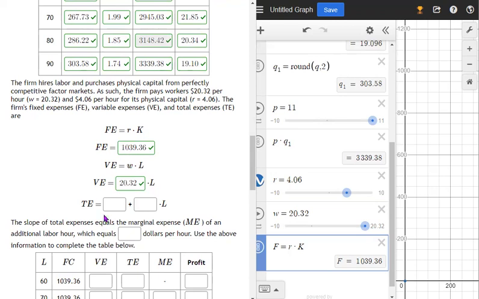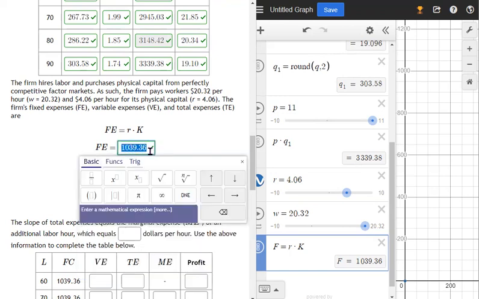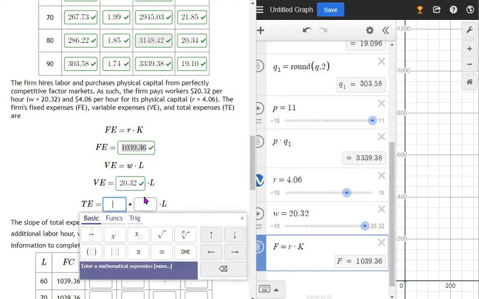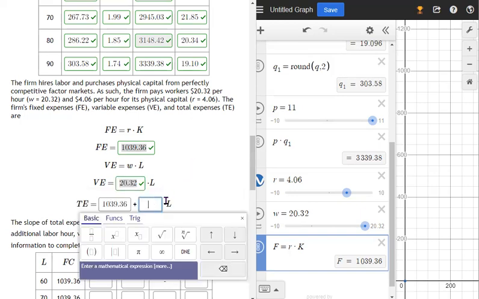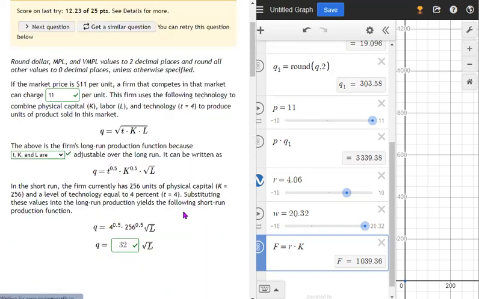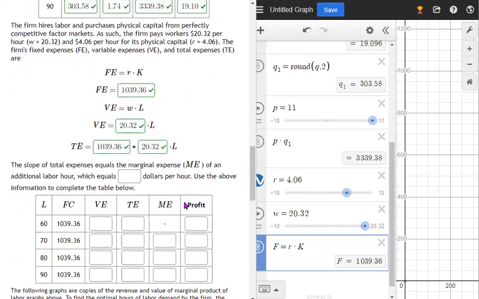Total expense is the fixed expense plus the variable expense, right? So this is going to be my intercept, right? My intercept is my fixed expense, and then my slope is the 20.32. Okay. So there's my fixed expenses, variable expenses, and total expenses.